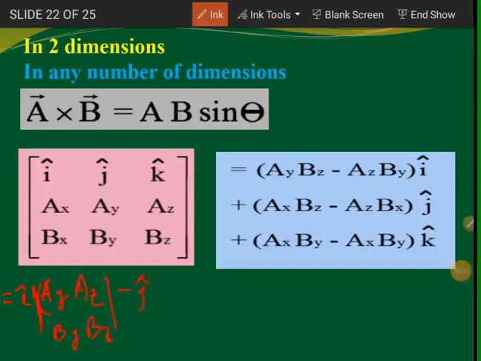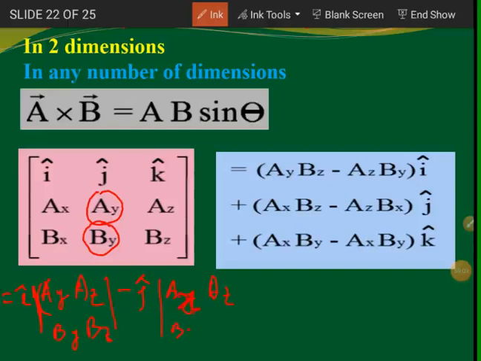If you take the row containing j, then i and k will be removed. If you remove the column containing j, then what happens? These two will be removed also, right? So what remains is what? This AY, AZ, not AY, it should be AX, I think.